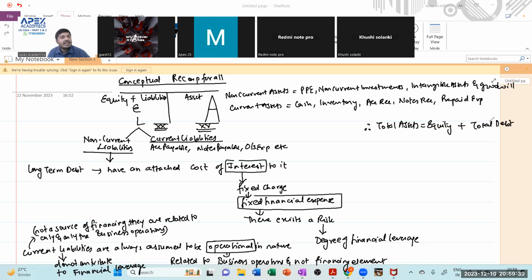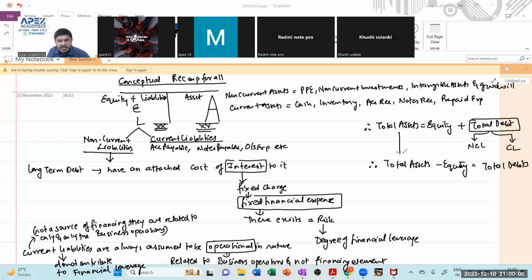Now, total debt is a term that they use in the US. Total debt, my dear friends, is non-current liabilities and current liabilities. Therefore, can I say that total assets minus equity is equal to total debt?